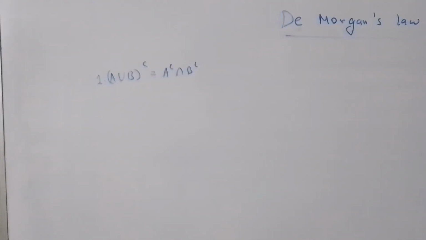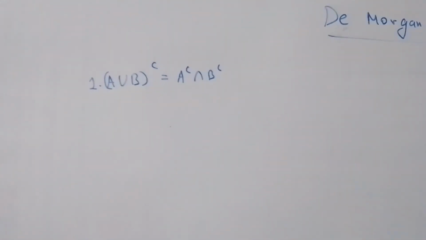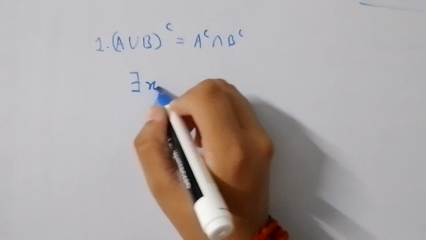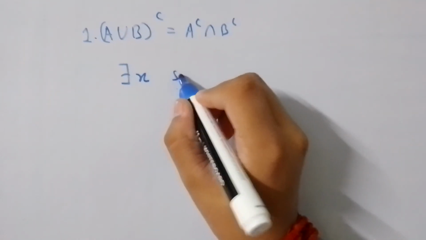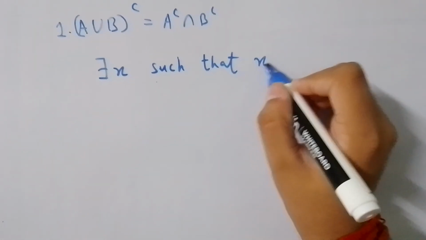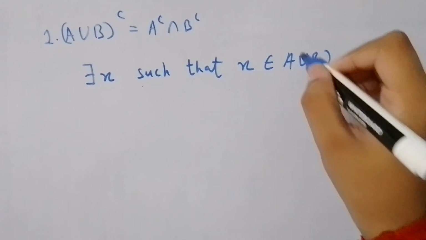So first, A union B whole complement is equal to A complement intersection B complement. Now suppose there exists X such that X belongs to A union B whole complement.